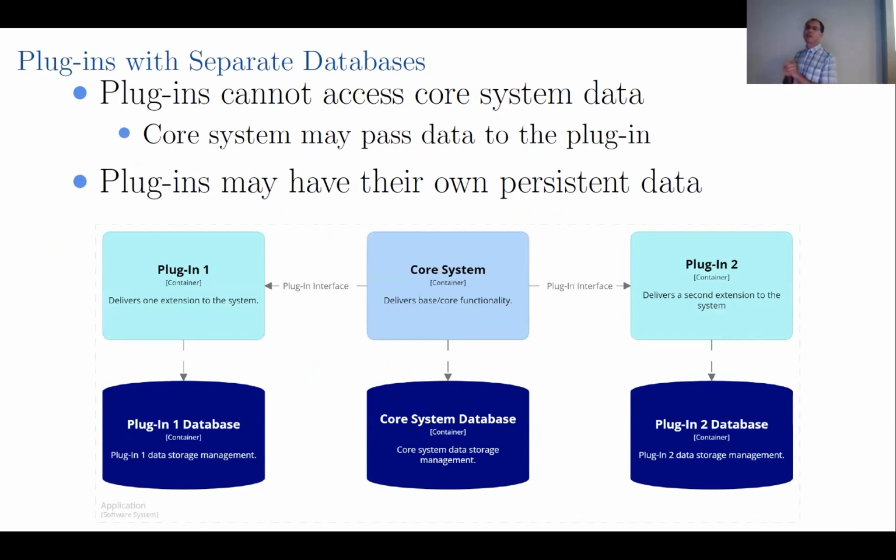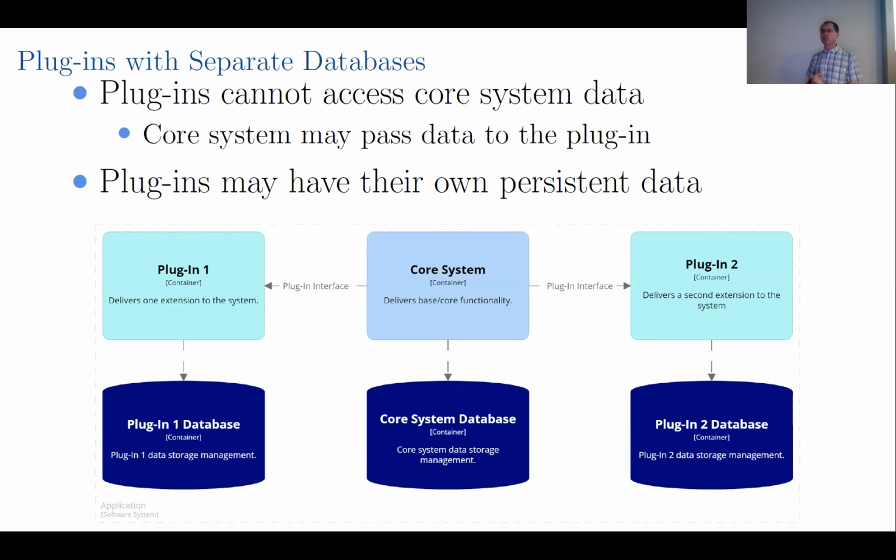Now, we said plugins are independent of each other, and they only communicate with the core system via a simple API, which means that any persistent data that your plugin needs to store needs to be stored within its own database.